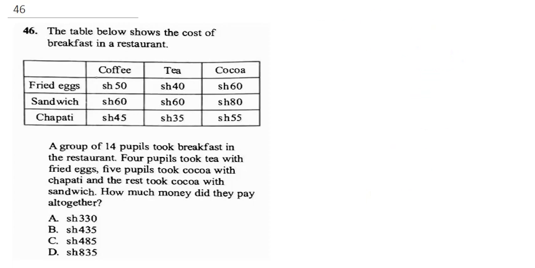Question 46 says, the table below shows the cost of breakfast in the restaurant. Now that's the table. It says a group of 14 students took breakfast in the restaurant. 4 pupils took tea with fried eggs, 5 people took cocoa with chapati, and the rest took cocoa with sandwich. How much money did they pay altogether? Now notice that the total students is 14.